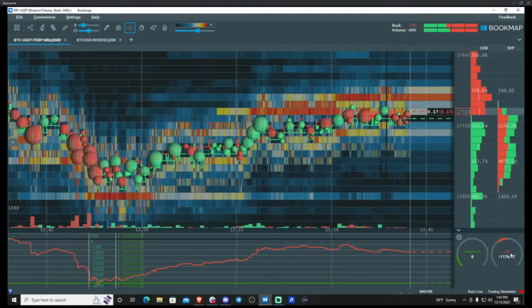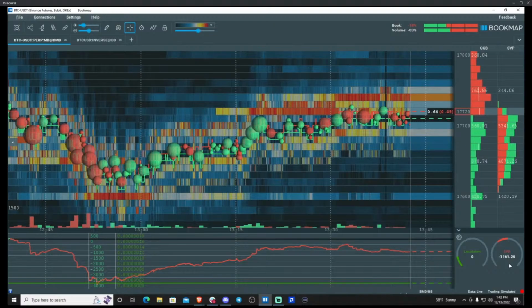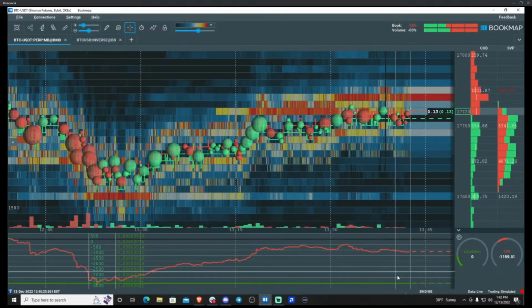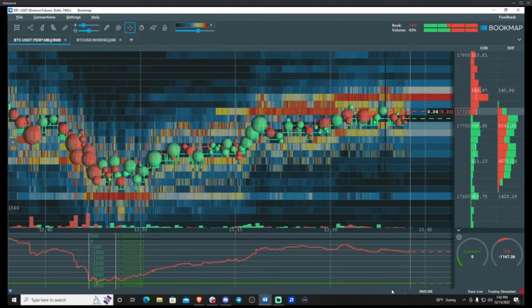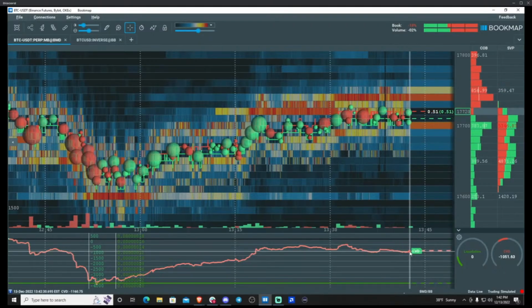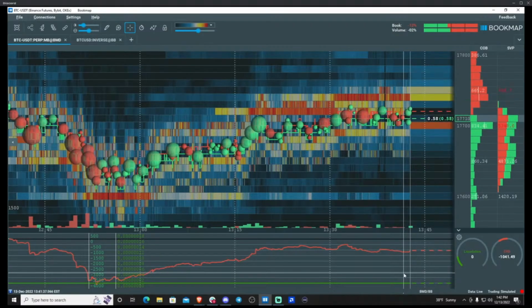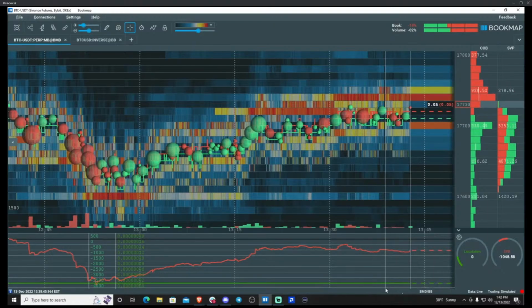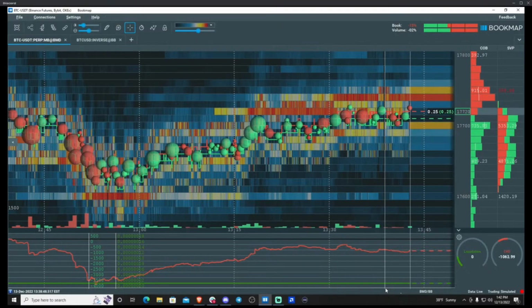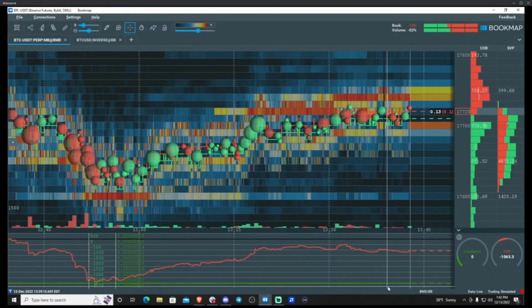If this flipped to positive, it would be the other way around. It's really about the red line that you're looking at. So it's just buyers versus sellers, very simple and straightforward.